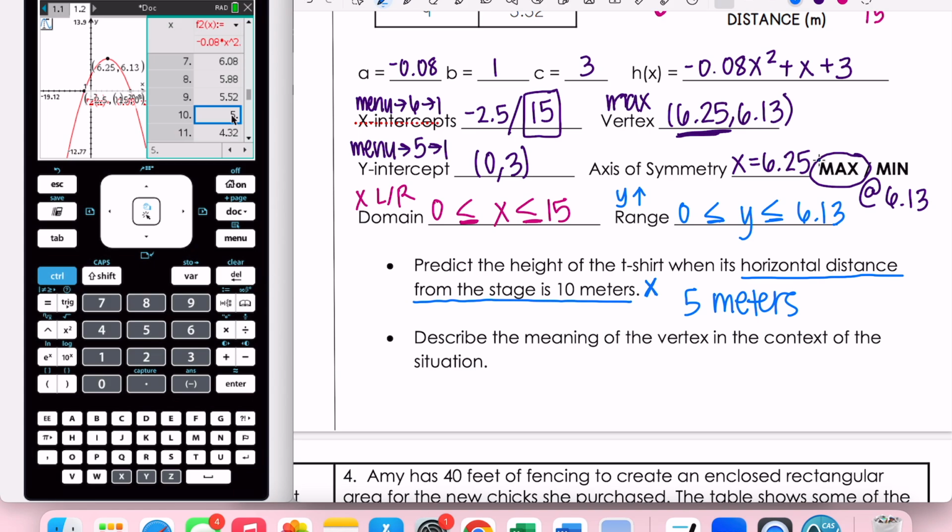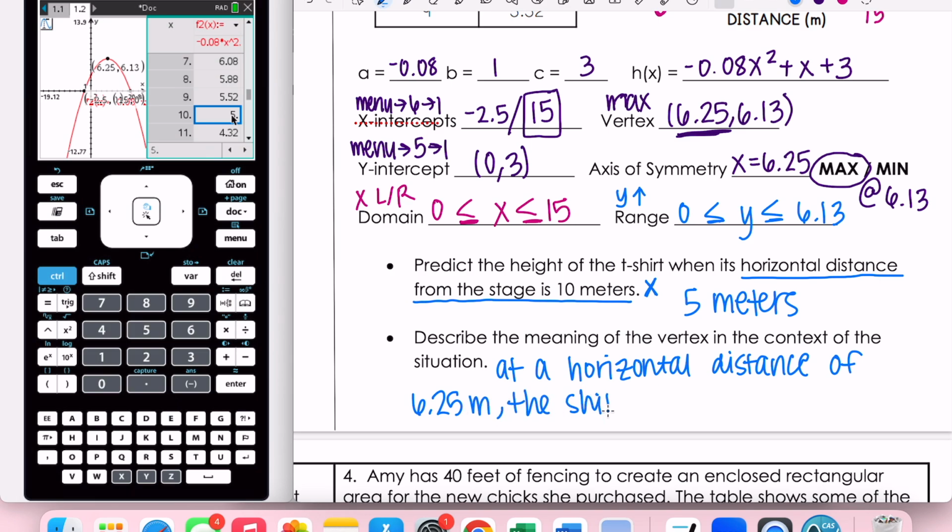Well, what that means is that at a horizontal distance of 6.25 meters, the shirt will reach its max height of 6.13 meters. So guys, anytime you are being asked to reference your vertex, always reference back and look at what the variables of your x and y value represent there.